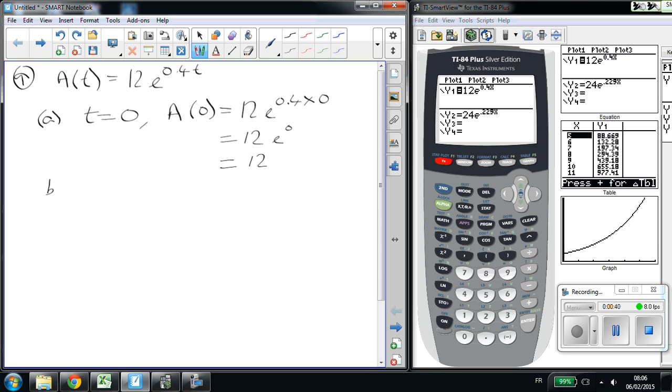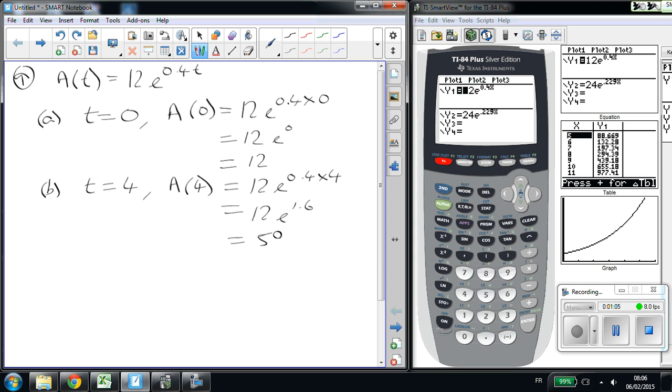Okay, in part B, we're asked how many bacteria there are in the colony after 4 hours. So, we're looking for a of 4. As before, 12e to the power of 0.4 times 4. We've got a couple of ways we could do that. We could simply work out 0.4 times 4 and calculate it on the calculator.